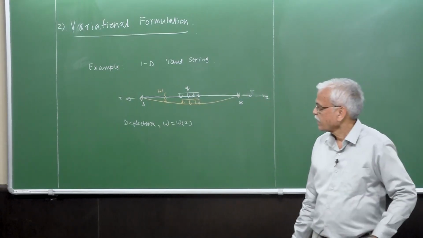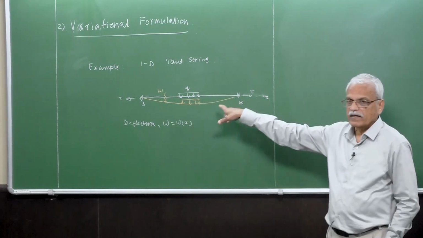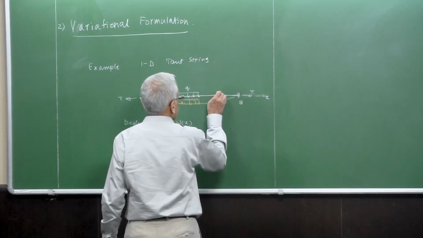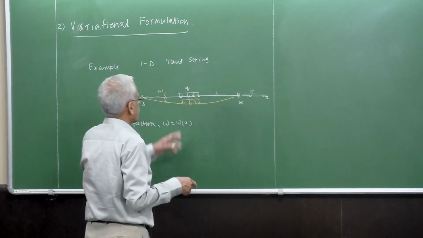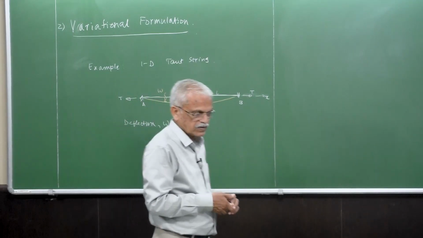So the deflection as a function of X is our goal. Given the length of the string L, and that it is under tension T, as well as an applied load Q that's given to us.